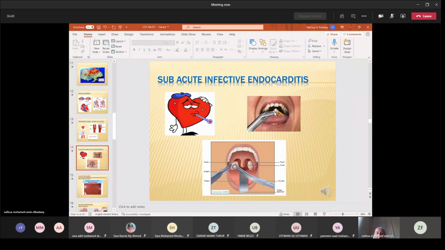The acute bacterial endocarditis is caused by virulent bacteria like Staphylococcus aureus, and it does not need any disease in the valve. It is an already virulent or strong bacteria that can affect normal valves.